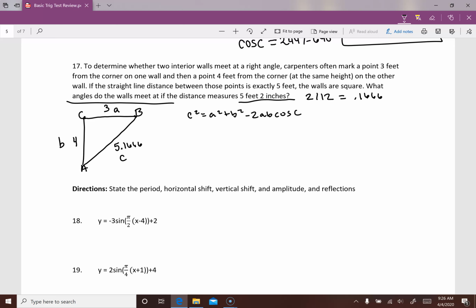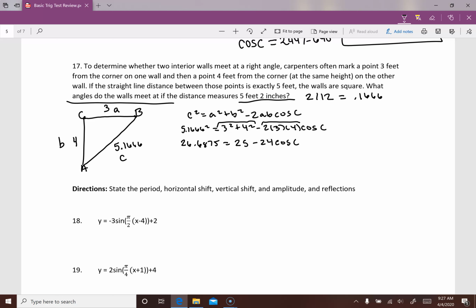Plugging into that, I get 5.1666 squared equals 3 squared plus 4 squared minus 2, 3, 4 cosine c. Now I think I actually dropped one of the 6's. I actually did 5.166 squared, and that gives me 26.6875, which is this whole thing right here becomes 25, and this whole thing right here becomes 24.